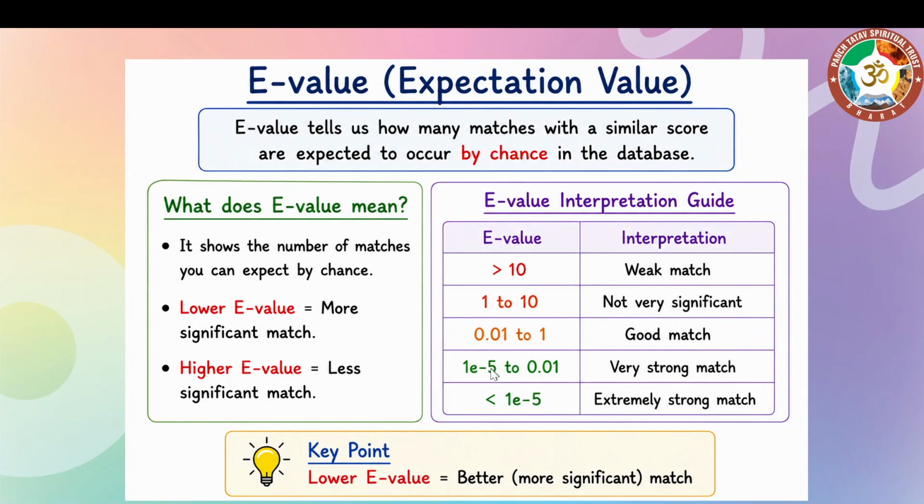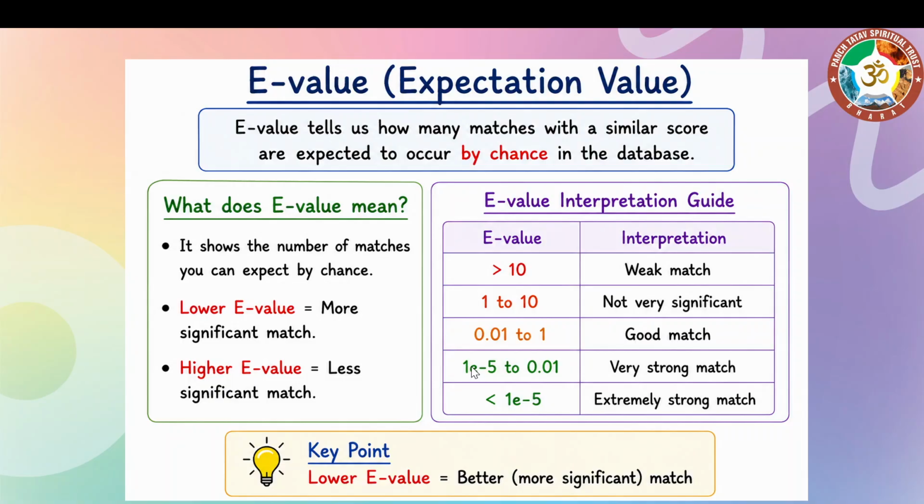So if the E value of a match is this, the probability of that match occurring by chance is extremely low. So this is a very significant match.